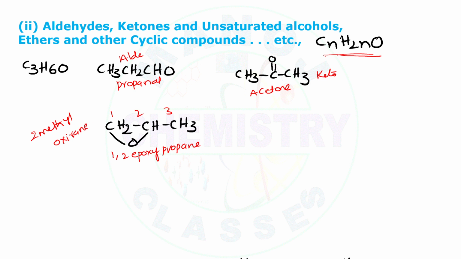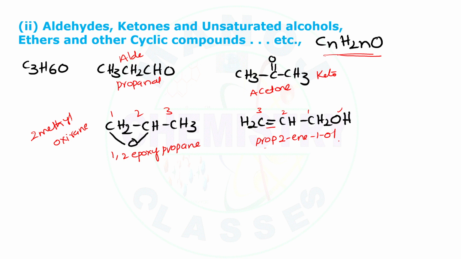This can be written as an unsaturated alcohol, prop-2-en-1-ol. This one is an alcohol. The second position contains a double bond, and 3 carbons are there, prop-2-en-1-ol.